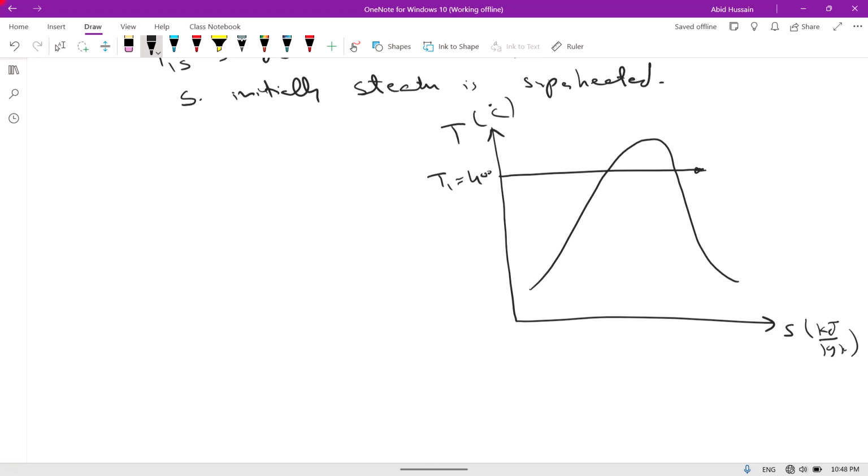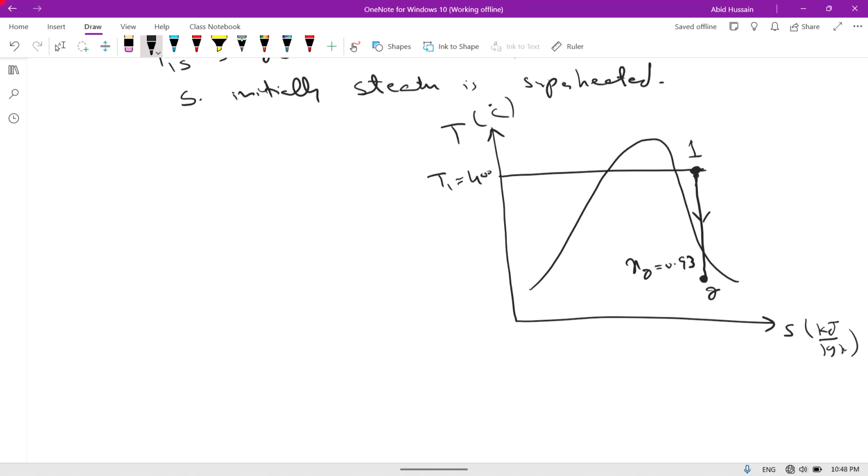Initially steam is superheated. This is point 1, and this is an adiabatic process, a constant entropy process, so it will be a straight line, and finally this is point 2. Here x2 is given to us as 0.93, which means that finally the steam is in the wet region. So this is the TS diagram for the problem.